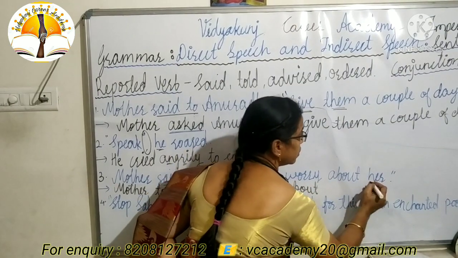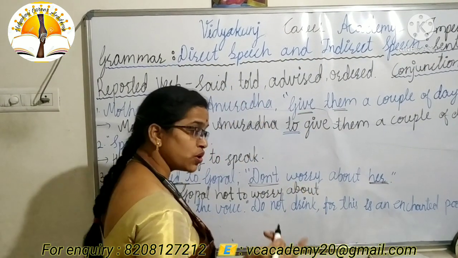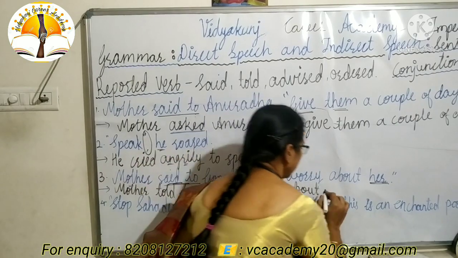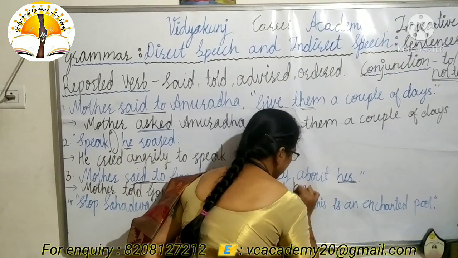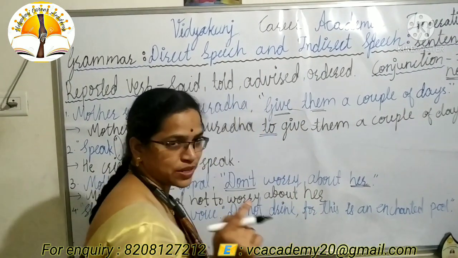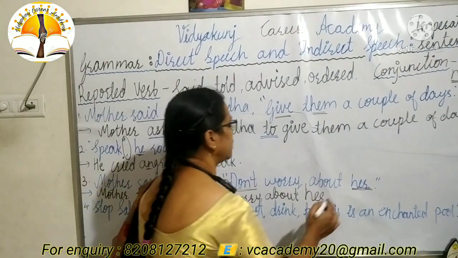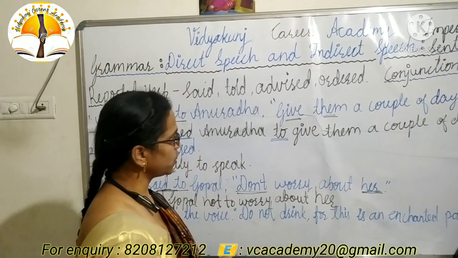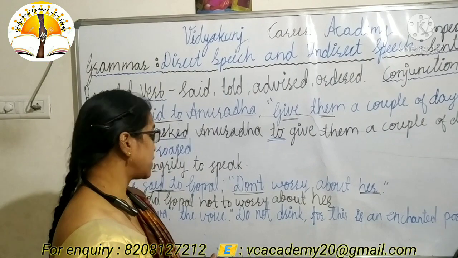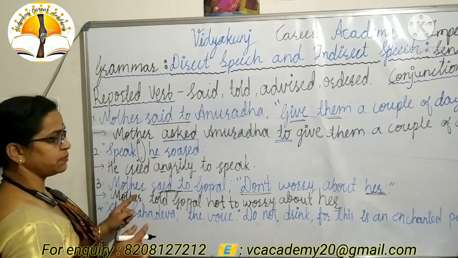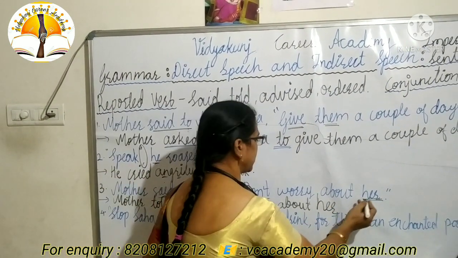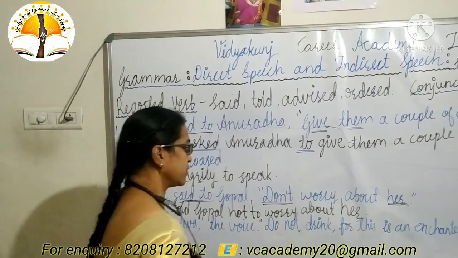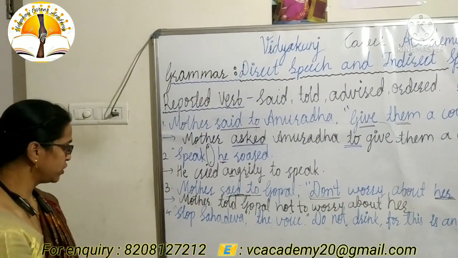Here the pronoun is a third person pronoun, so you have to write it as it is. If a second person pronoun has been given, you have to use it as per the object. If a first person pronoun has been given, you have to use it as per the subject. This is a third person pronoun. Finish. This also is finished.